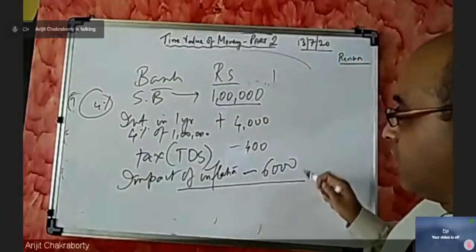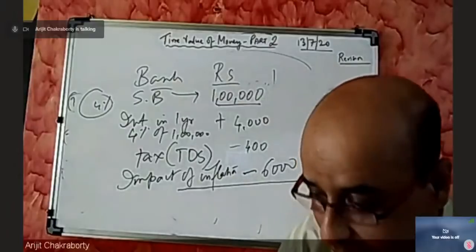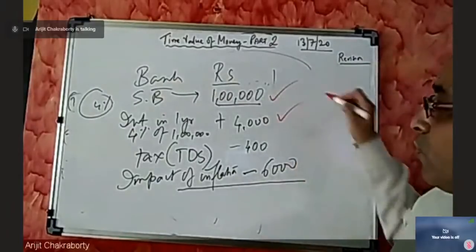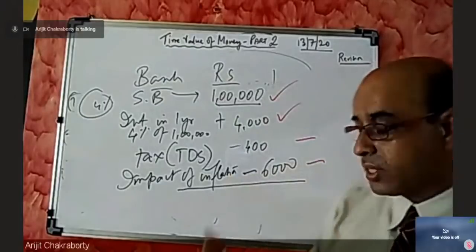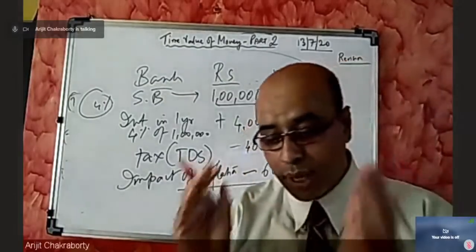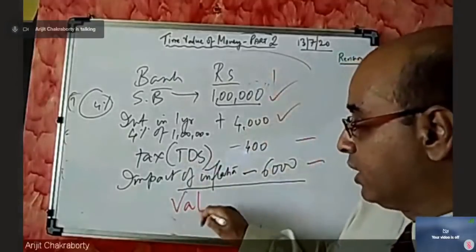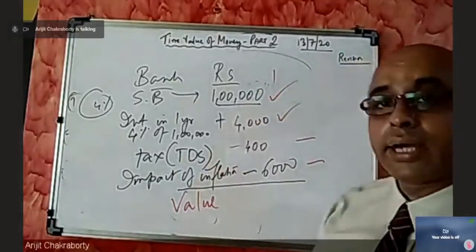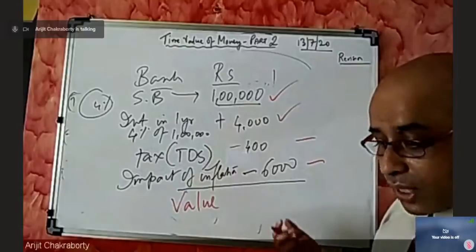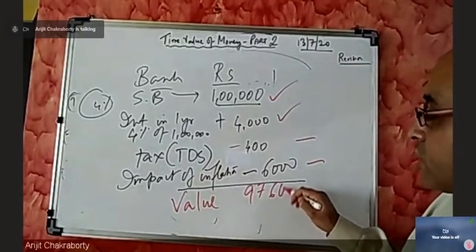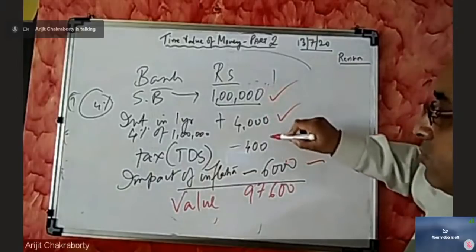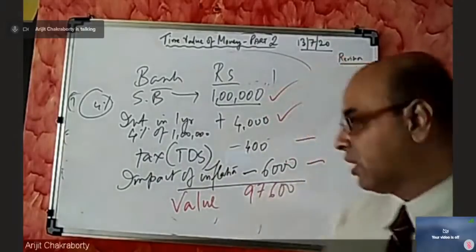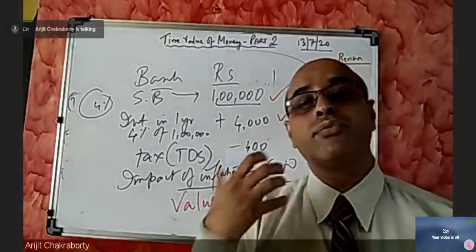So if you see, I started with 1 lakh, plus 4,000, but this is minus, and this is minus. So the value of that 1 lakh at the end of the year is somewhere around 97,600. 1 lakh plus 4,000 minus 6,000 minus 400. 97,600 is the approximate value.